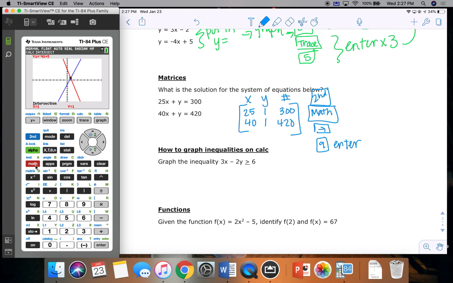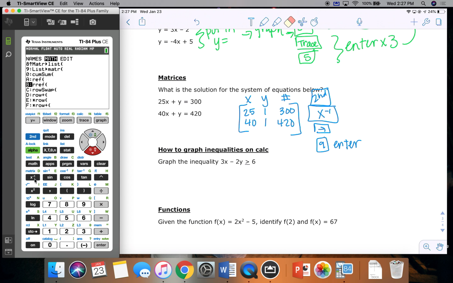Oh, sorry, it's not math, it's matrix. So second, x -1. I apologize. So second, x -1, scroll to the right, option B, and enter.